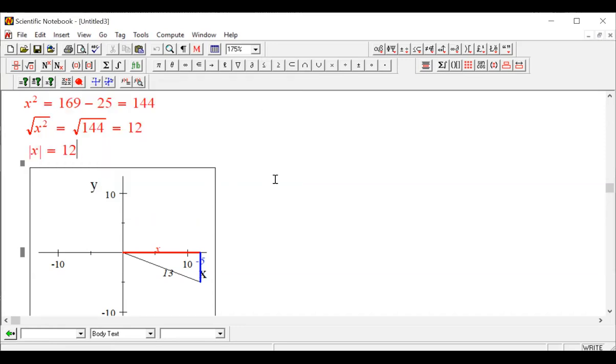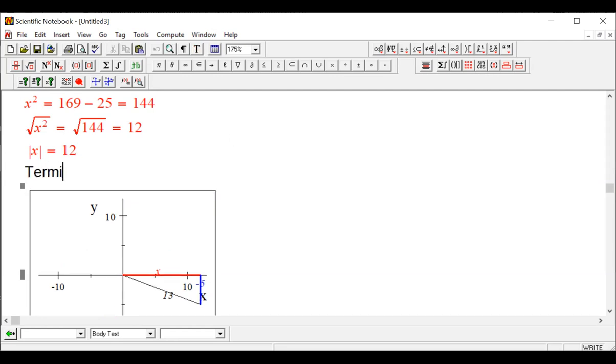But this time, because the terminal side is in the fourth quadrant, in quadrant 4, X is positive.